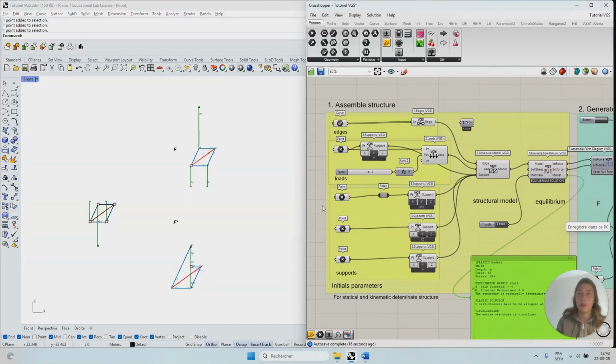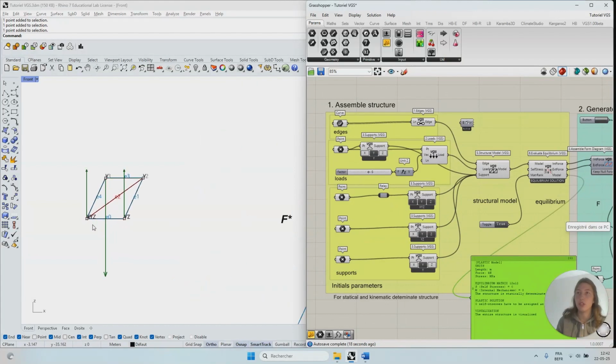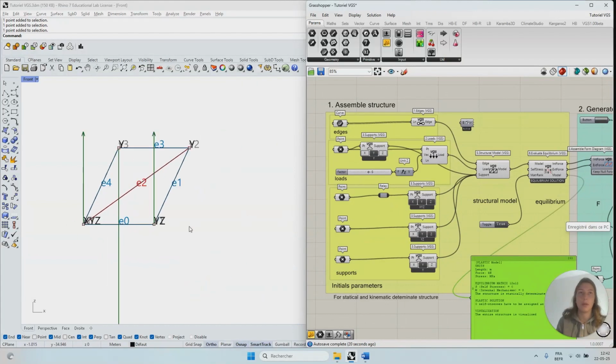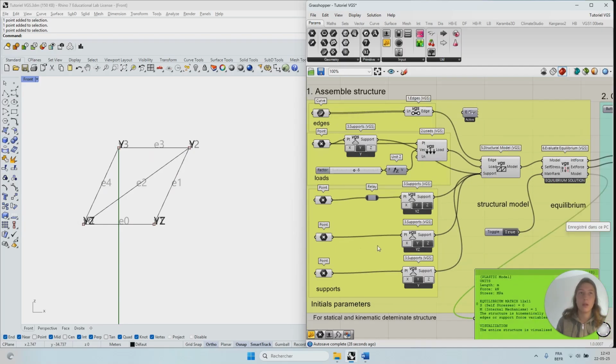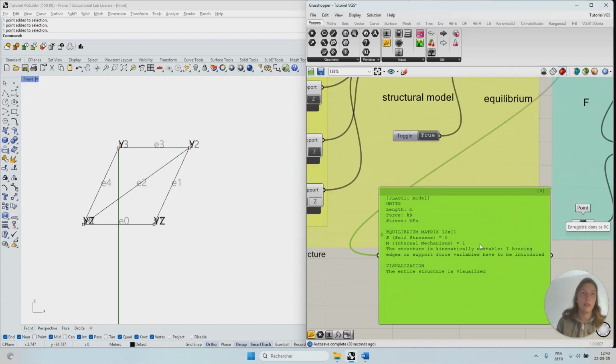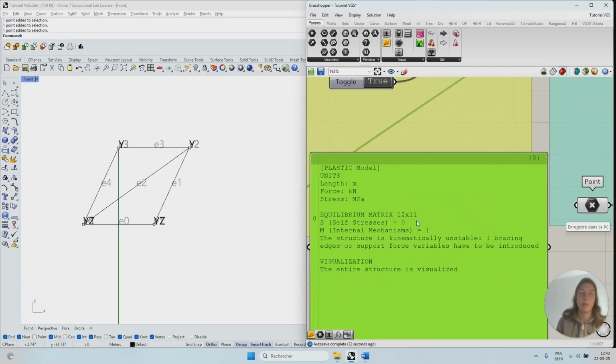Now, what happens if I remove one support condition? For example, this one. It was a pinned support, and now I remove this one, so we have 2 rolled supports. We can see on the panel that we get a 12 by 11 matrix. It says that we don't need any self-stress, but we have one mechanism.